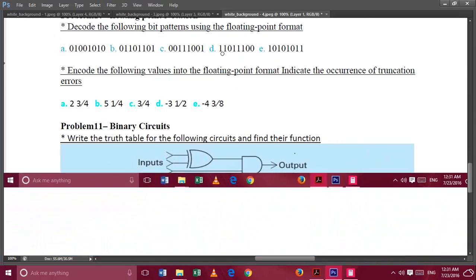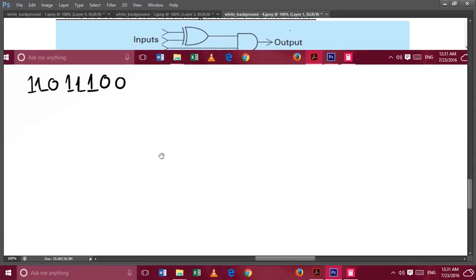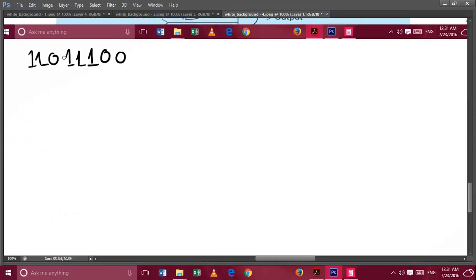That is 1, 1, 0, and then 3 ones, right? And then 0, 0. Okay. So we need to convert this to its decimal equivalent. Now, to remind you, in floating point, this digit here is the sign, right?